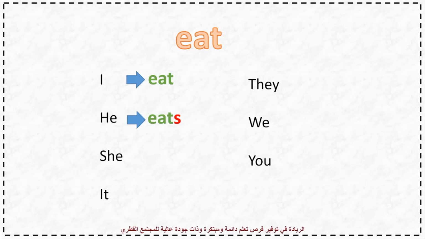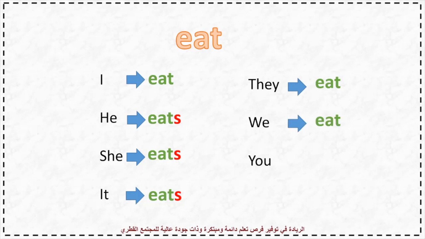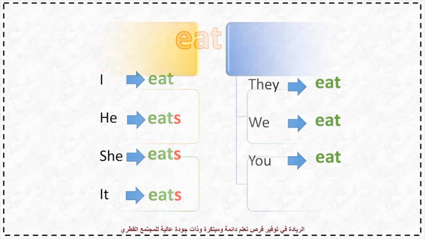Another example, the verb eat. I eat, he eats, she eats, it eats, they eat, we eat, you eat. Clear? And this holds true with any verb you could think of.